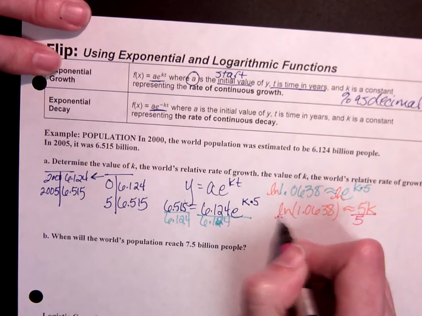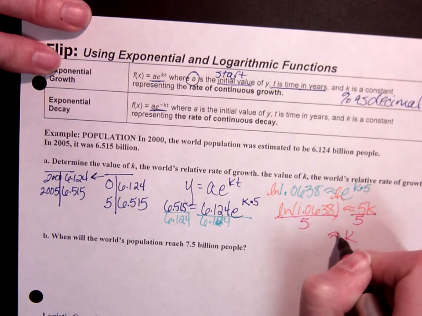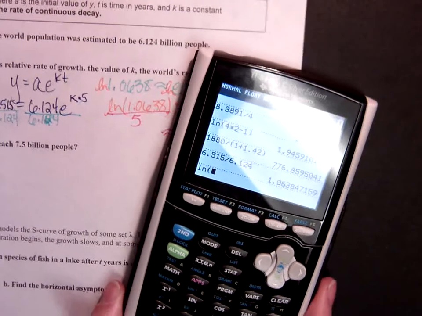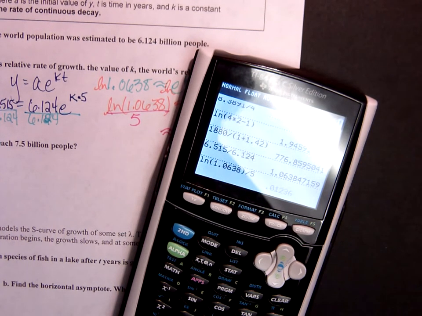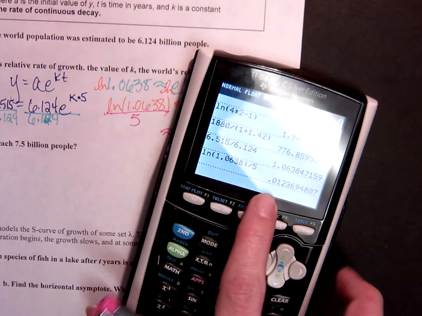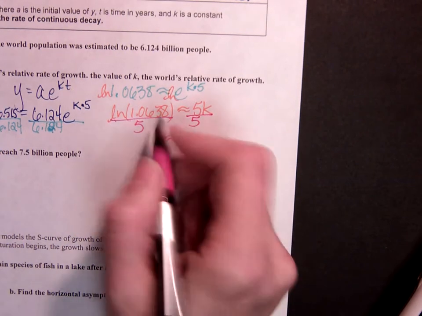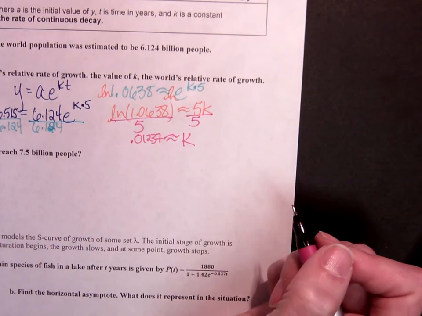Divide by 5, and k is approximately, take the natural log of 1.0638 and divide that by 5, which is 0.01237. Okay.